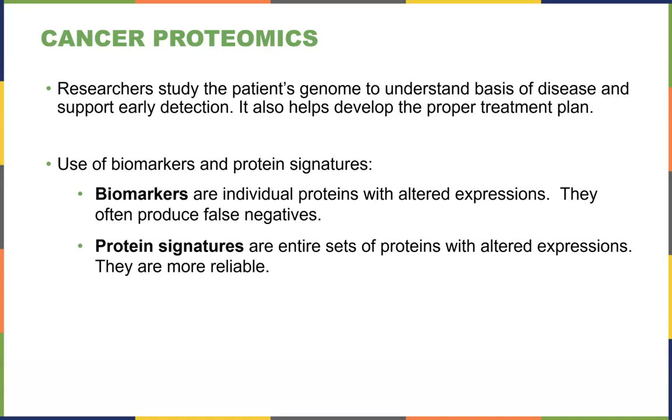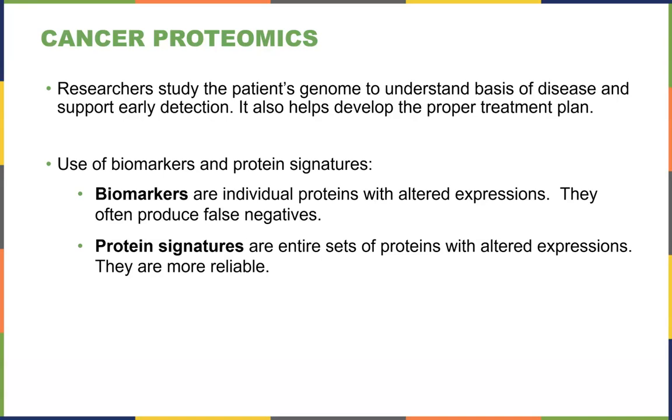Cancer proteomics researchers are going to look at a patient's genome to understand the basis of disease and support early detection. So biomarkers, what are those? They are the individual's proteins with altered expressions. So they often produce false negatives.